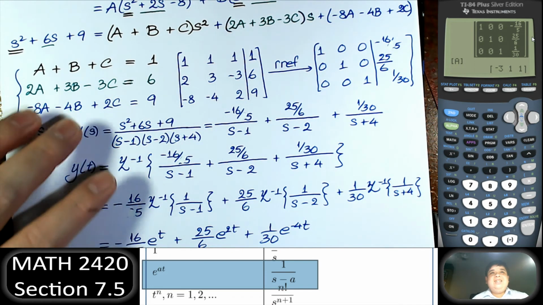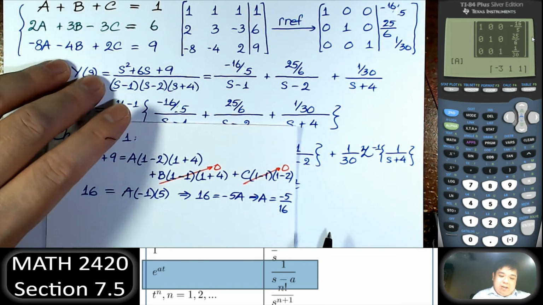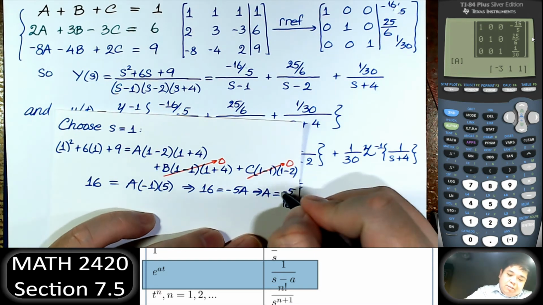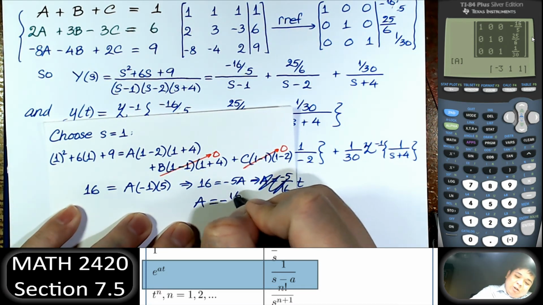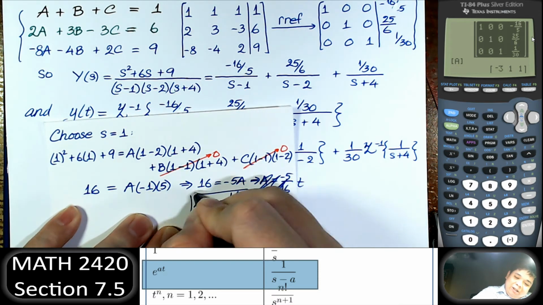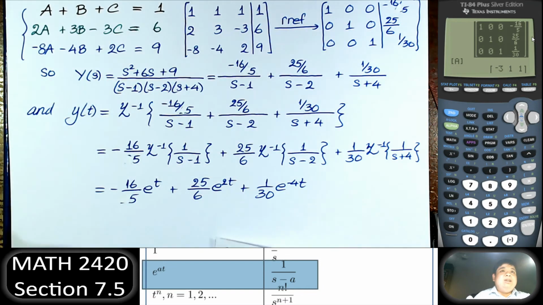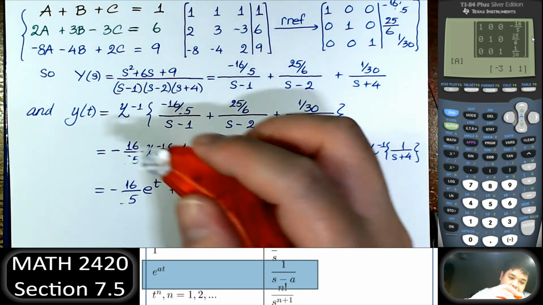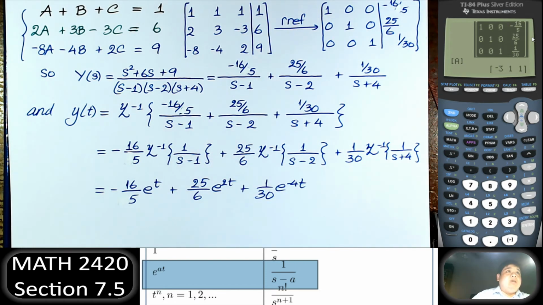Right, of course this confirms it. We have negative 16 over 5. Right, that's what we have. So the math is good there. I just copied it wrong from the calculator.